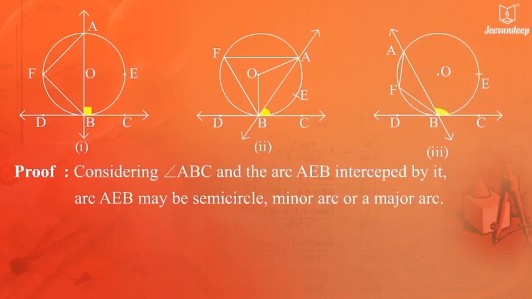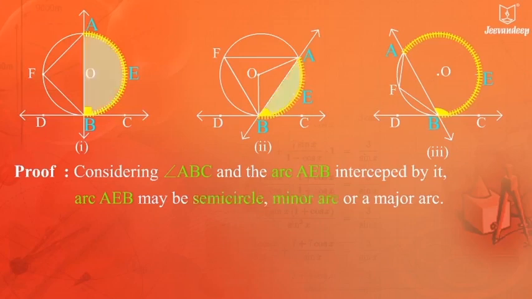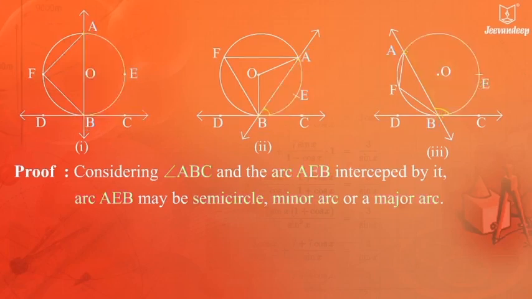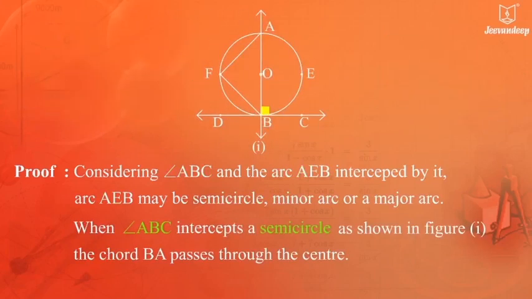Proof. Considering angle ABC and the arc AEB intercepted by it, arc AEB may be a semicircle, a minor arc, or a major arc. When angle ABC intercepts a semicircle as shown in figure 1, the chord BA passes through the center.